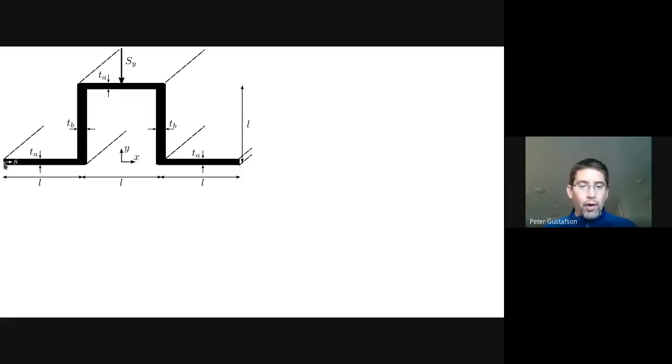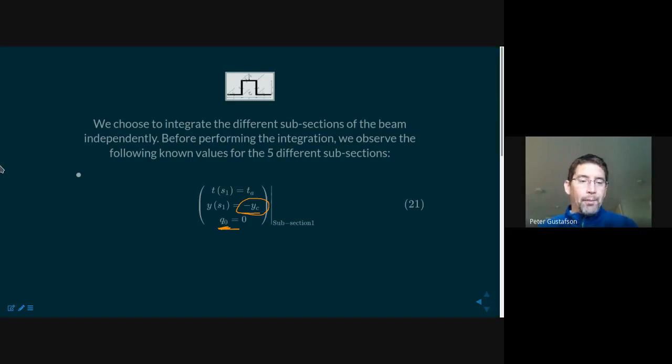So we're just doing bookkeeping really now. These are really easy things to identify. At this location for subsection 1, the left edge, we know that t is constant t_A, y is constant y_C minus, and q0 is 0. We can then look at the next segment.